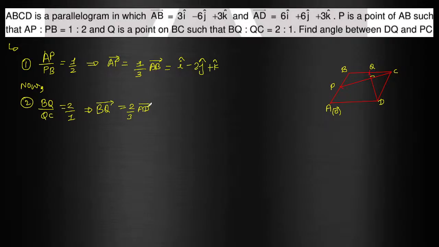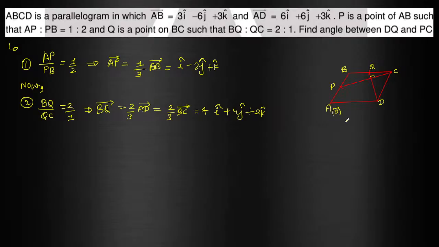AD vector, shifted parallelly, is equal to 2 by 3 of BC vector. So 4 I cap, 4 J cap, 2 K cap. This is how we are going to do.